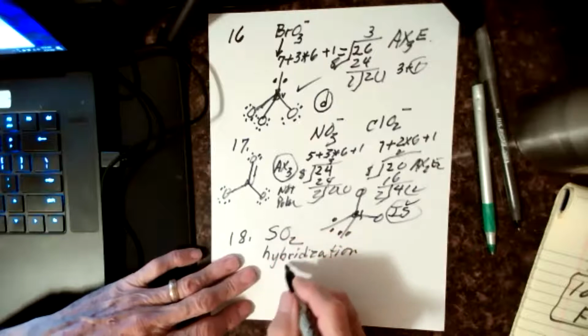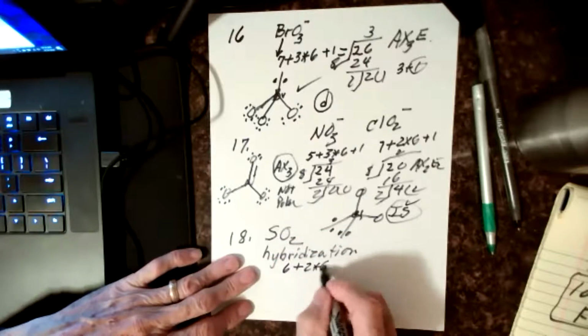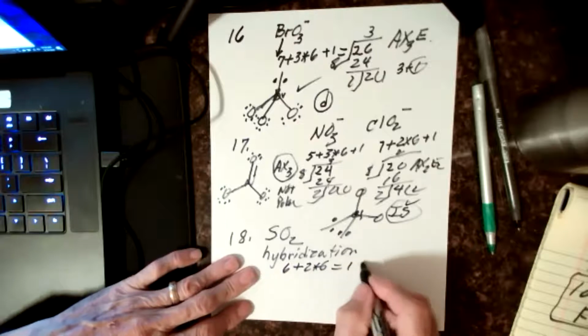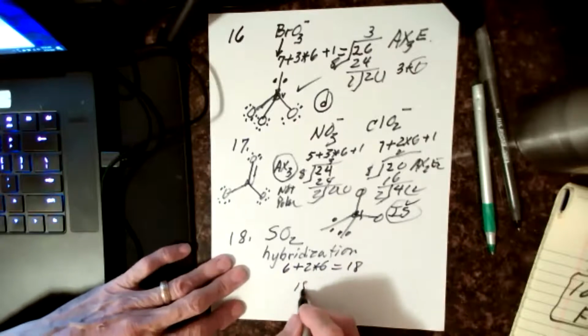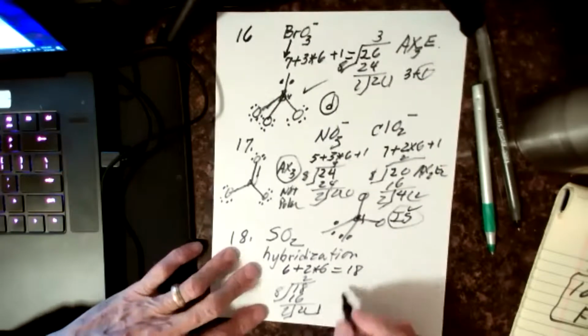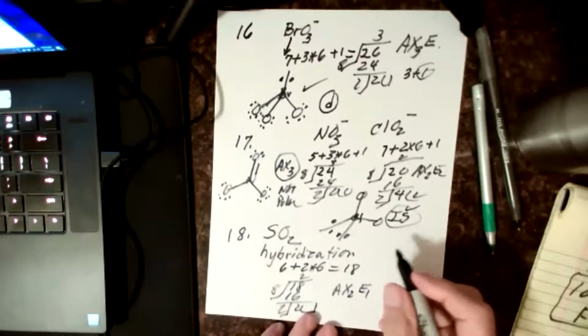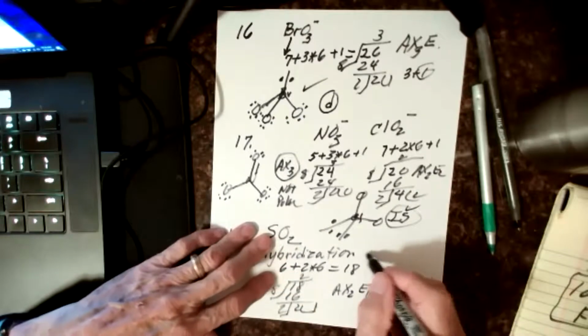Well, sulfur's in group 6, and we've got 2 oxygens in group 6, so that's going to be a total of 18 electrons. Take 18, divide by 8. That's 2, 16, and 2 divided by 2 is 1. So it's an AX2E1.